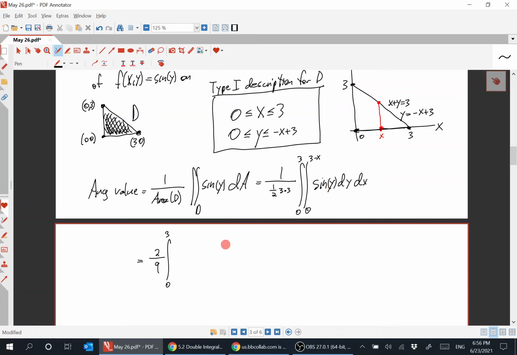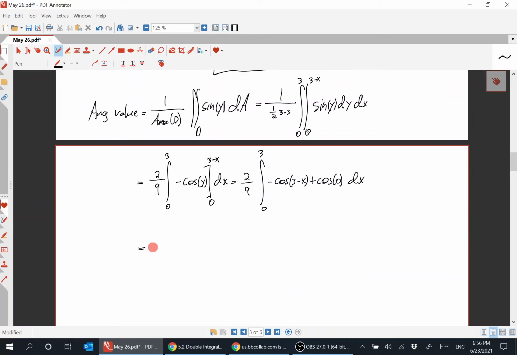Antiderivative of sine y with respect to y is minus cosine y, from 0 to 3 minus x, and then dx. So it's 2/9 times the integral from 0 to 3. So cosine 3 minus x minus cosine 3 minus x plus cosine of 0, which is 1, dx.